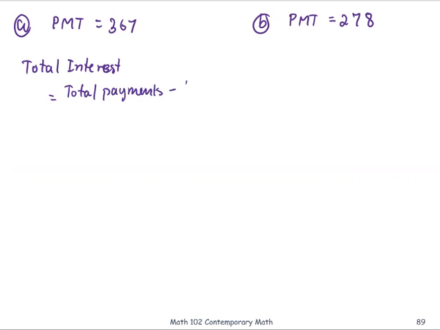subtracted by the loan. The total payment, since you pay $367 per month, 12 months in a year, for loan A, T equals 4. That means we're going to multiply 12 by 4.